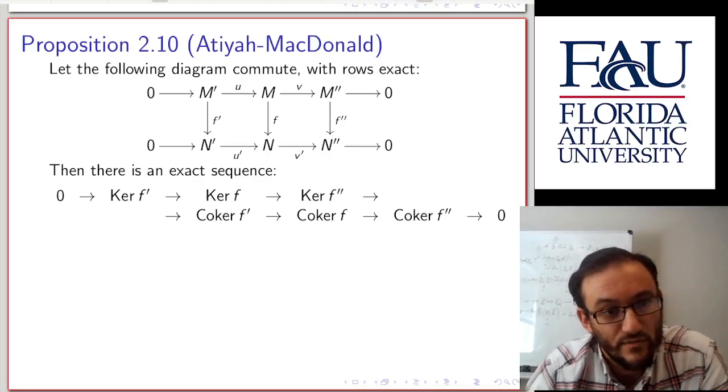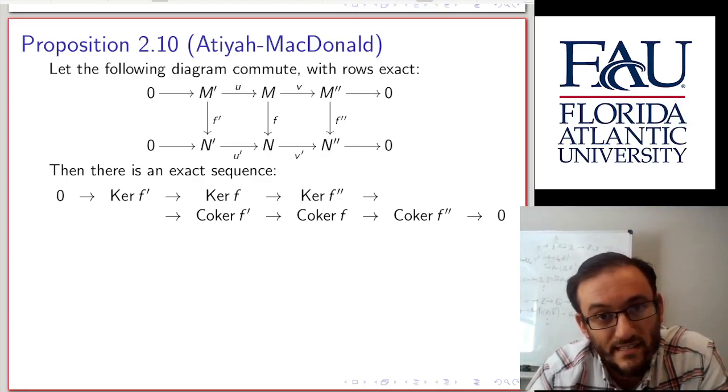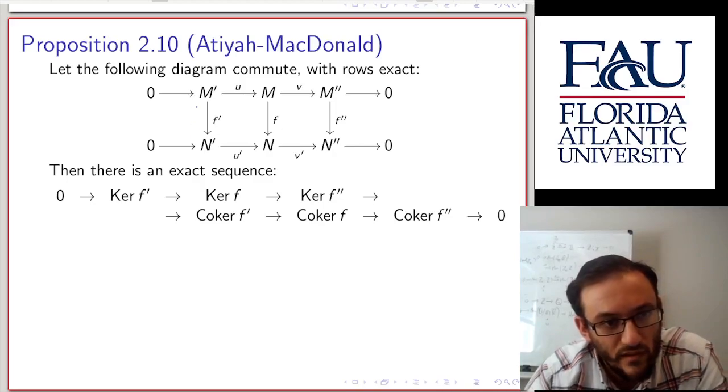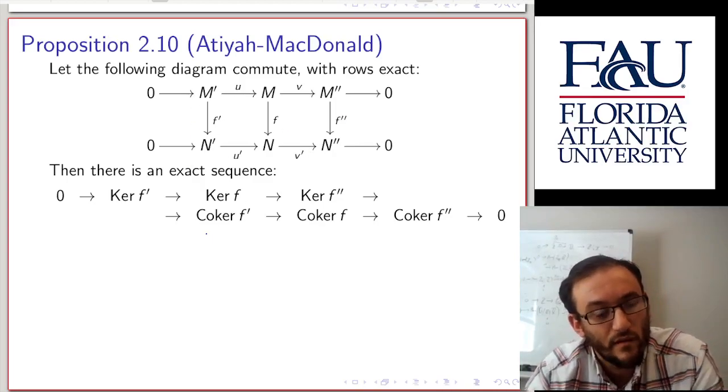And it's presented here. So we have this pair of short exact sequences in the M's and the N's.